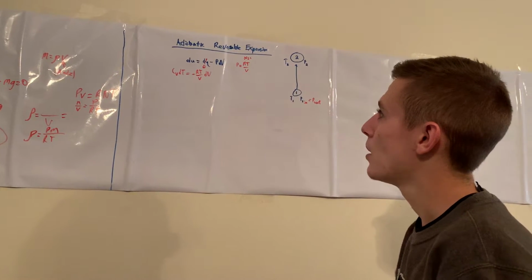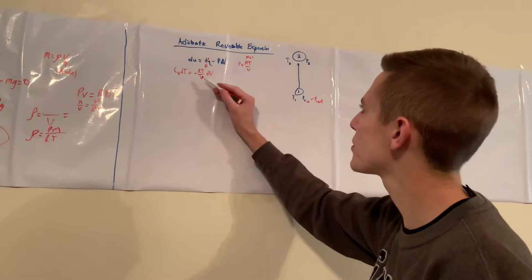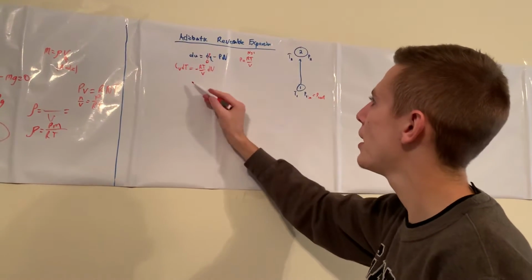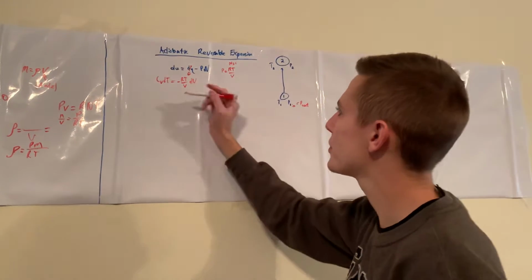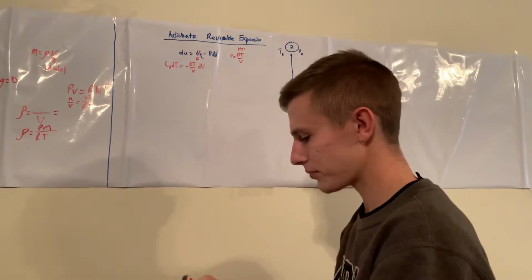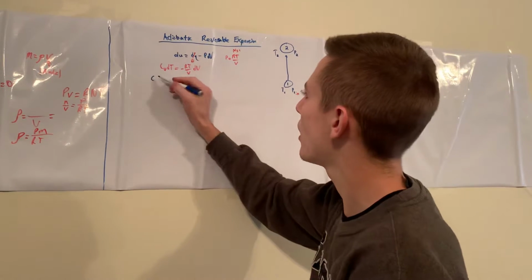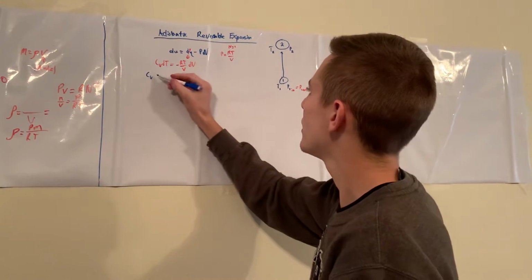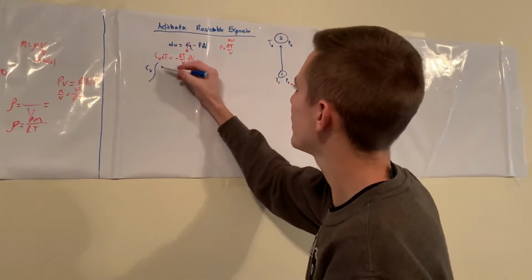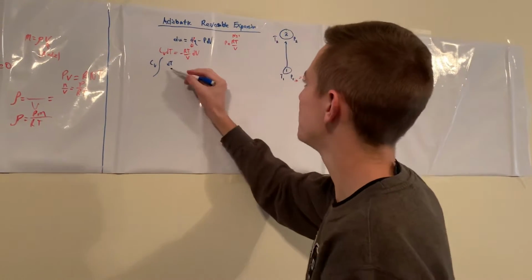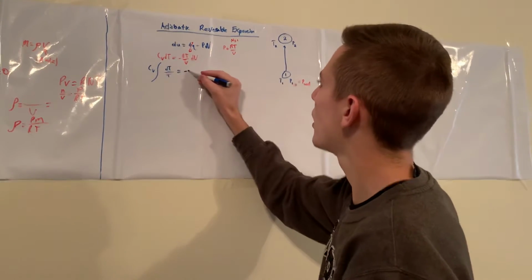Okay, so now we can start moving things around so we have like terms on the same side. We can divide by temperature over here, and we should be good. So let's rewrite this equation and say that CV times dT divided by temperature is equal to negative R, our gas constant.